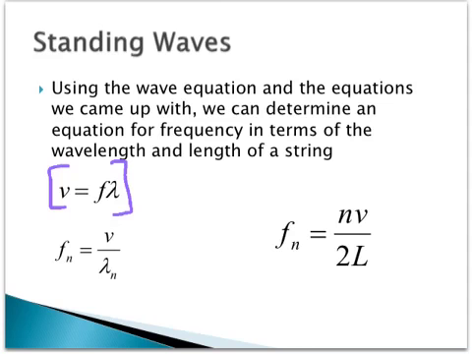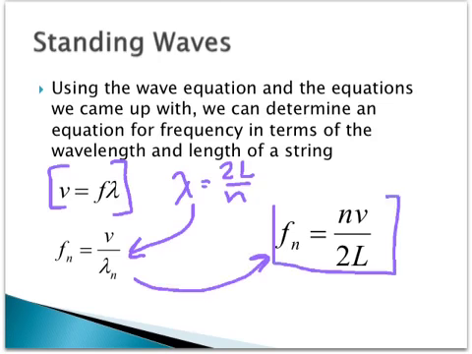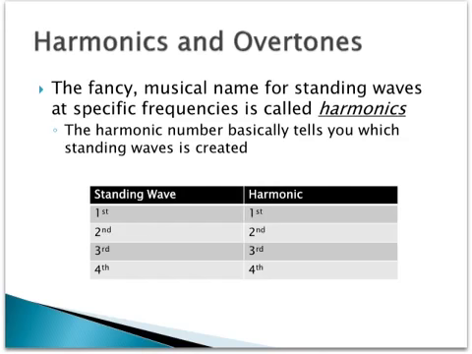Given the equation that the wavelength is equal to 2L divided by N, we can plug that into this equation, and what we get is this equation here, which relates the frequency of any standing wave to the speed, which depends on the medium, and also the length of the string.